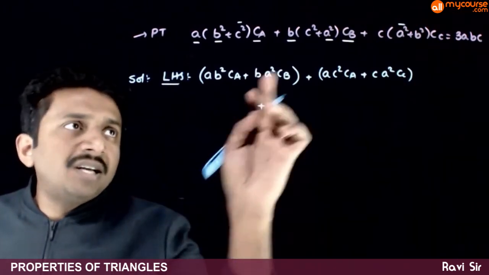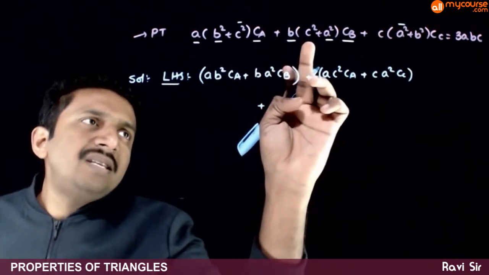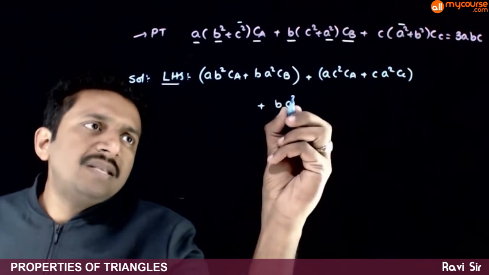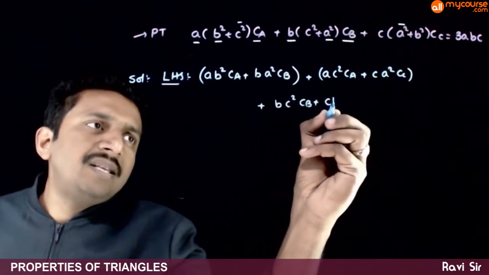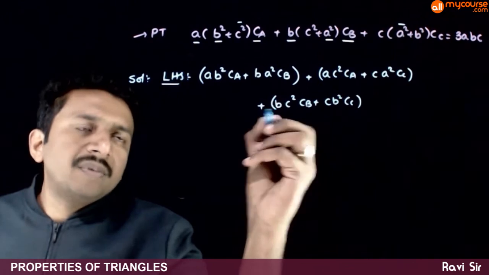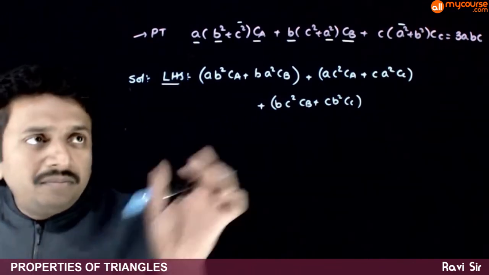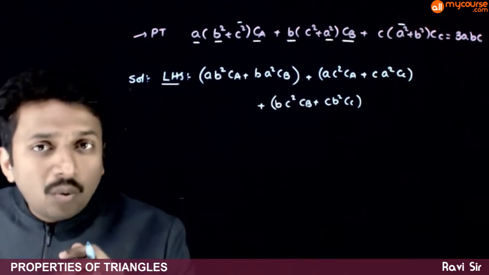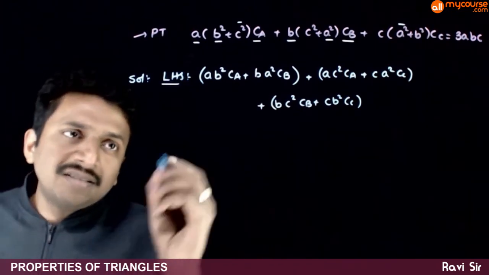And what are the remaining terms? You have BC square cos B plus CB square cos C. So these are the two terms that I regroup.